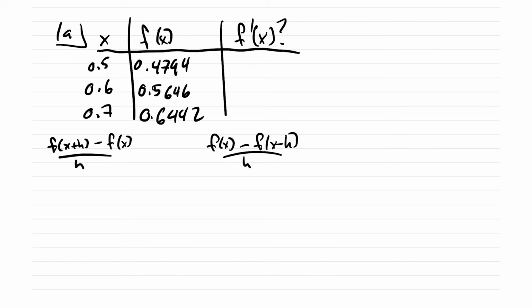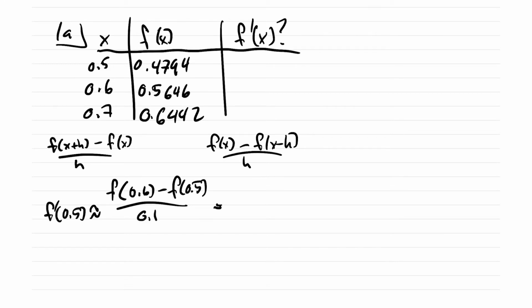So we say for the first entry, we're going to have f prime at 0.5 is roughly equal to f of 0.6 minus f of 0.5 divided by 0.1, right? And that should be minus h here.